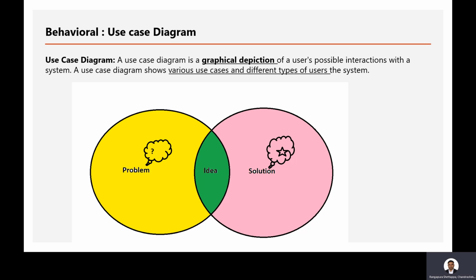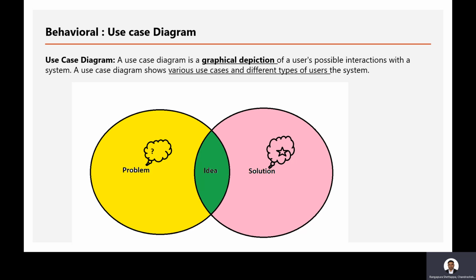To write a use case diagram, you need a couple of components. The first component is called an actor. The second component is the use case, and the third component is the relation between the actor and the use case. Who is an actor? Anyone who is interacting with the system is an actor. For example, if you are interacting with an ATM machine for withdrawing money, then you become the actor.